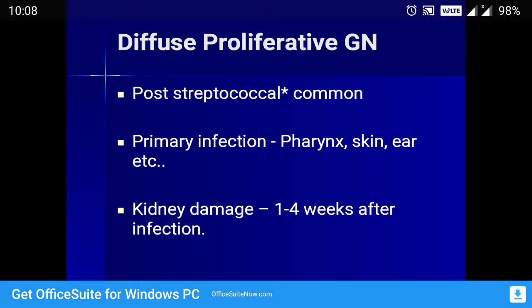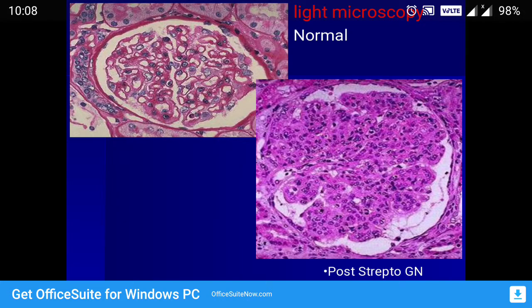What happens in diffuse glomerulonephritis is there is an increase in the number of cells. You can see the normal photograph towards the upper part where the number of cells is less, whereas in the right lower part the glomerulus has more cells. That is due to proliferation of the cells.